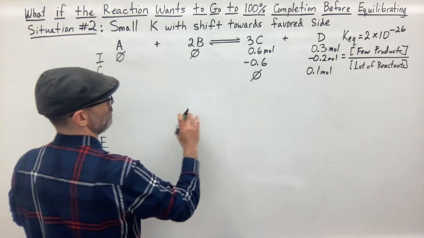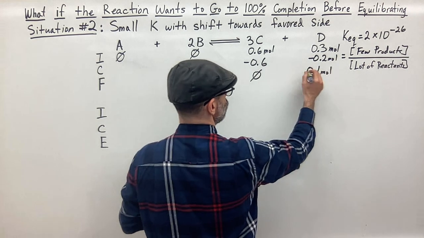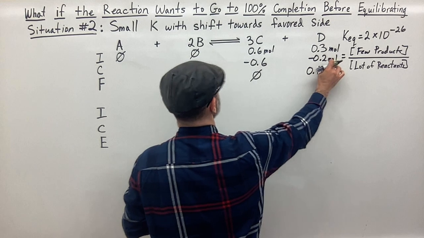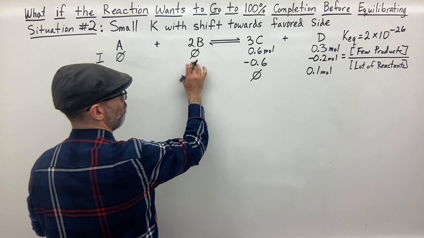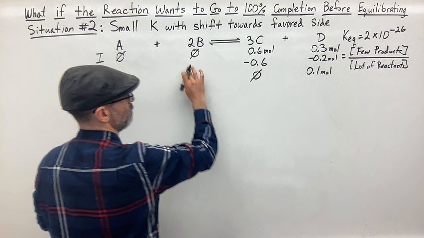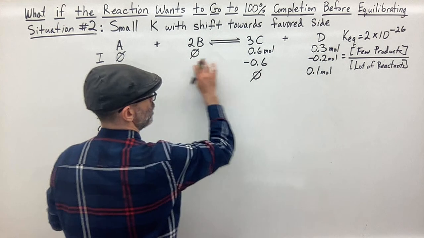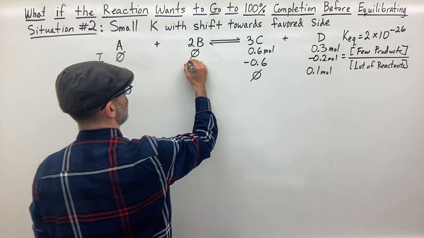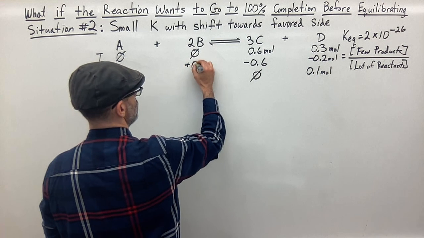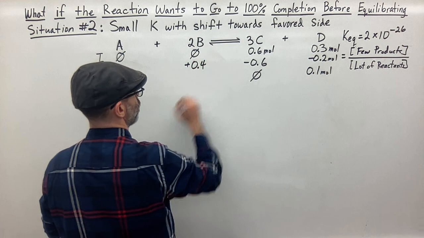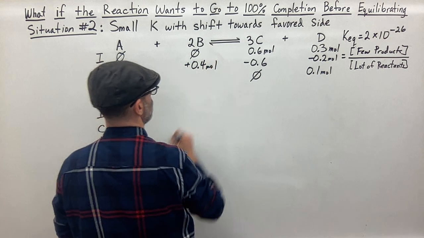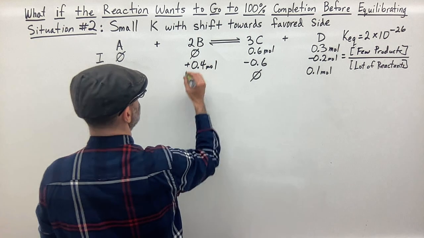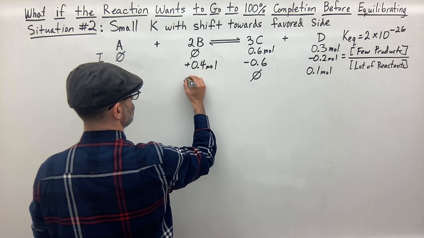And again, if I lose 0.2 moles of this, then I'm going to gain a double amount of that because it's a 1-to-2. So if I lose 0.2 here, I'm going to gain 0.4 moles here. And so I'm going to end up with 0 plus 0.4.